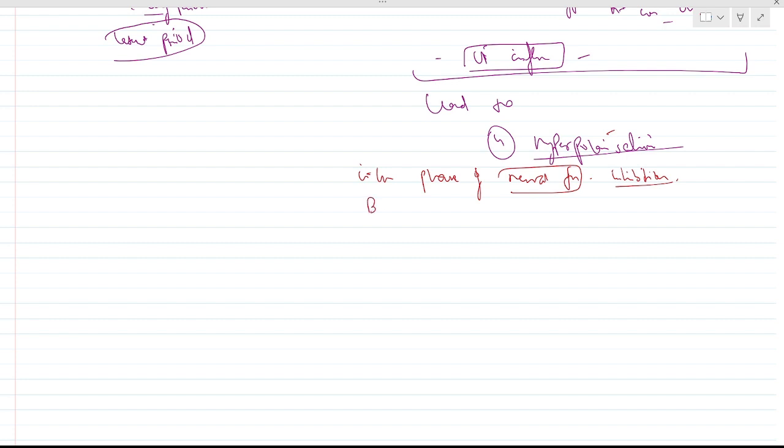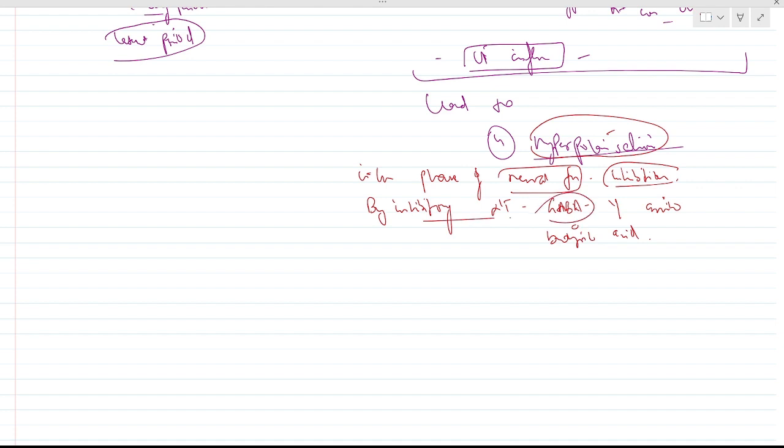This will be by an inhibitory neurotransmitter, and one of the inhibitory neurotransmitters we know is GABA, that is gamma amino butyric acid. This hyperpolarization phase of the action potential of the neurons is the phase of inhibition of neuronal function. This is done by the inhibitory neurotransmitter GABA, gamma amino butyric acid.